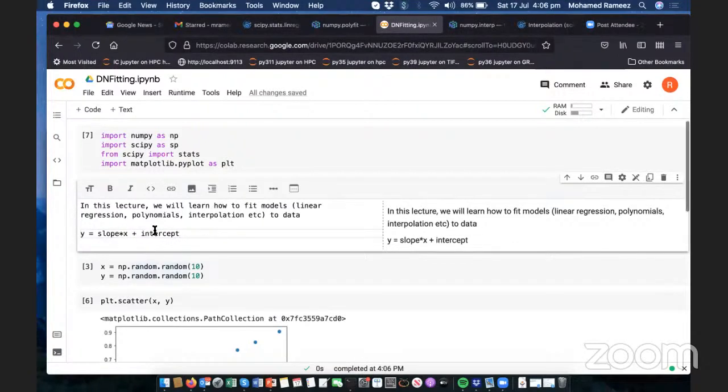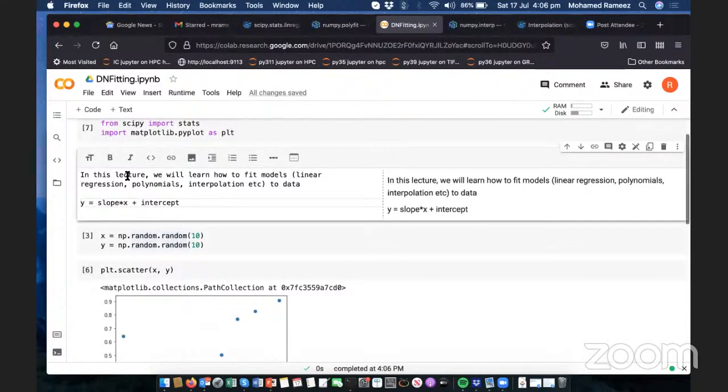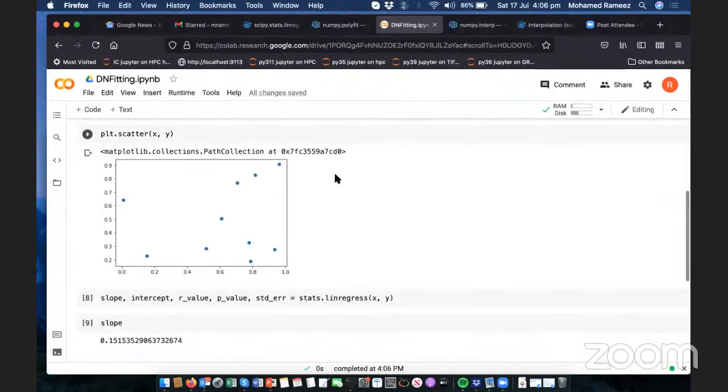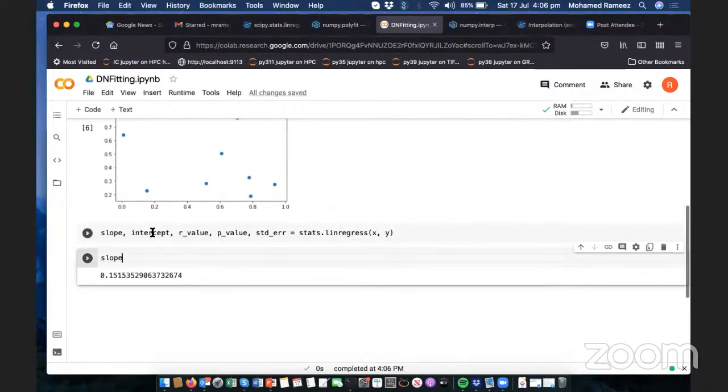This is the point at which the line intercepts the y-axis. So I am fitting a line of this shape to these data points, and I'm getting a value of slope equals 0.15, and intercept equals 0.4.